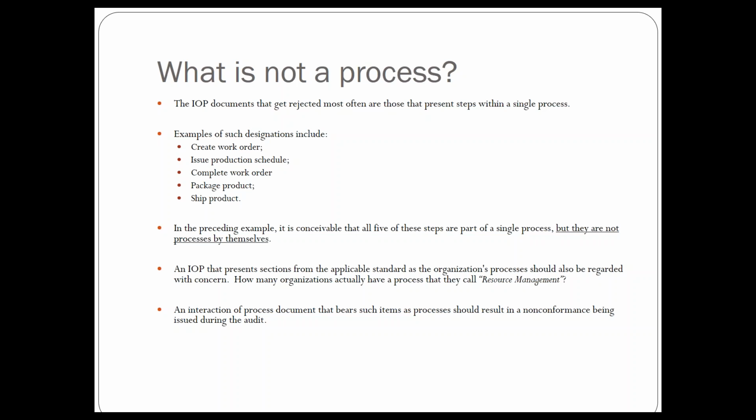Another issue that comes up from time to time is we will be given an IOP that presents sections from the standard as processes. So, for example, we have an organization that turns over an IOP, and there's a process called resource management. Well, resource management is a section of the standard. Are you quite sure that that's a process within your organization?